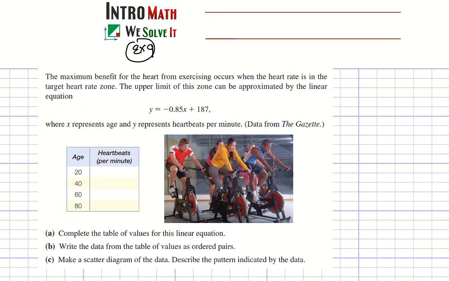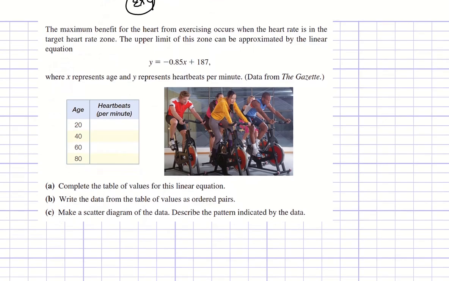Notice that equation is a linear equation in two variables. It's the same thing we did above. They want us to A, complete the table of values, B, write the data from the table of values as ordered pairs, C, make a scatter diagram.